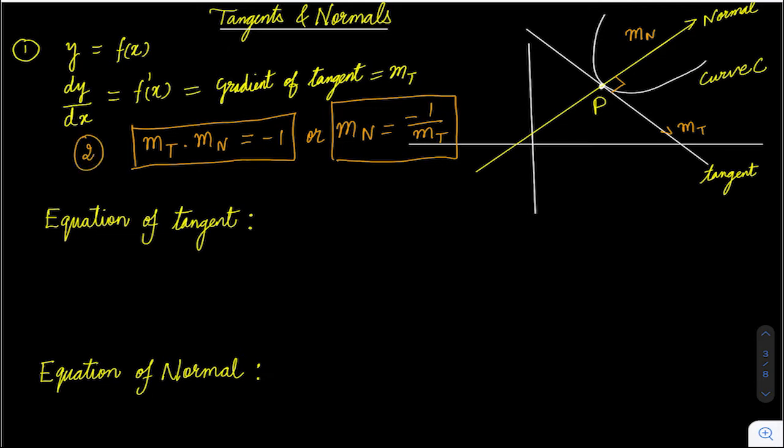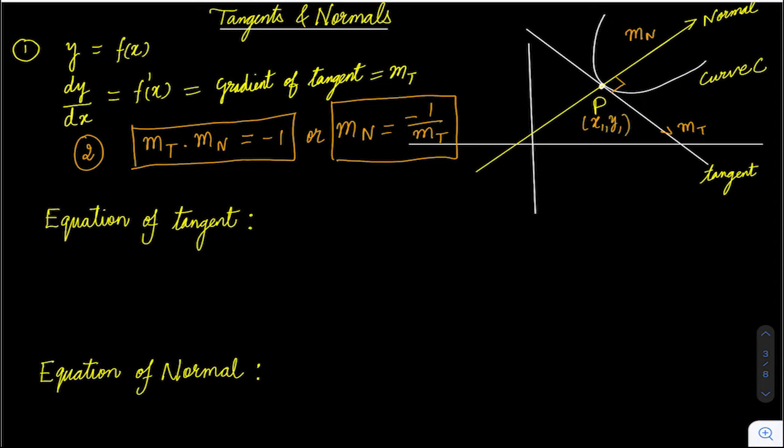Now the third and last thing that you need to understand is how to write the equation of a tangent. The equation of a tangent is a line. For a line, either you give me 2 points, or you give me the gradient and 1 point. The gradient we will find using f dash x or the derivative, and the point will be given, this point P. Let's say this point P is (x1, y1).